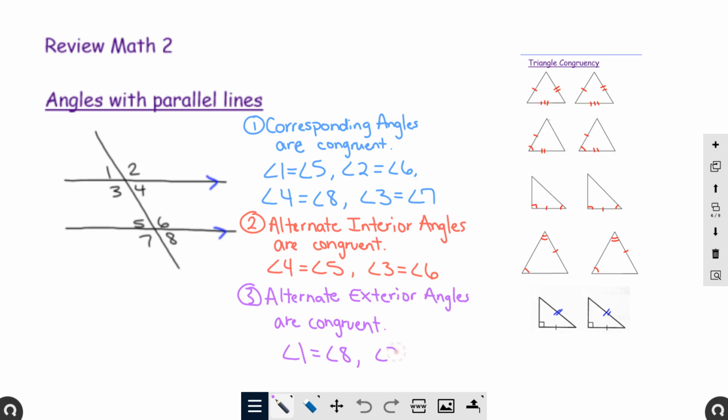And the last, 2 and 7. There's one more type, and they are not congruent. They are supplementary. That's right. Same side interior, which are supplementary.